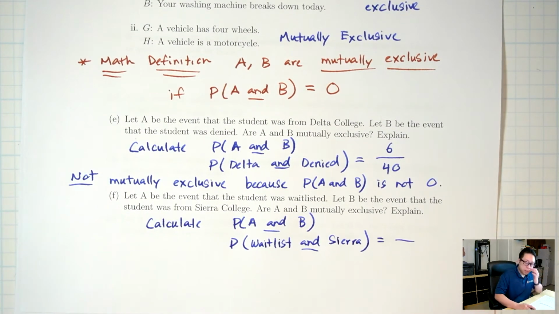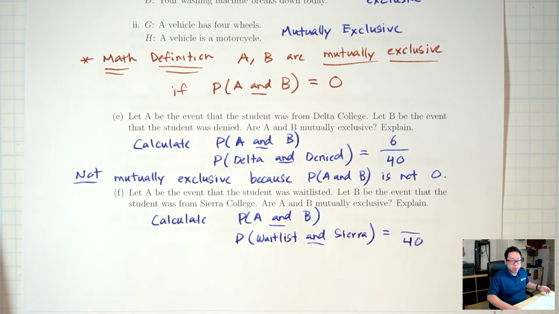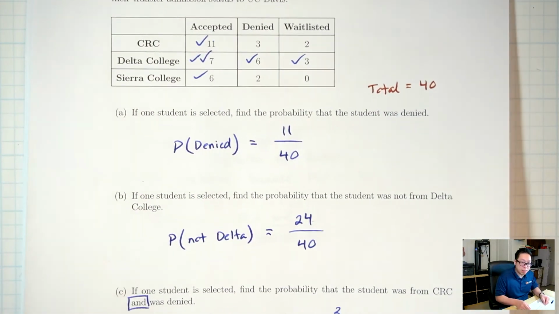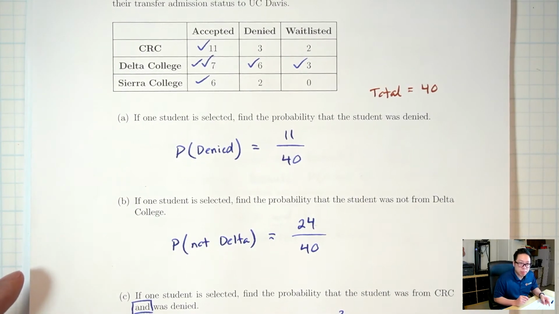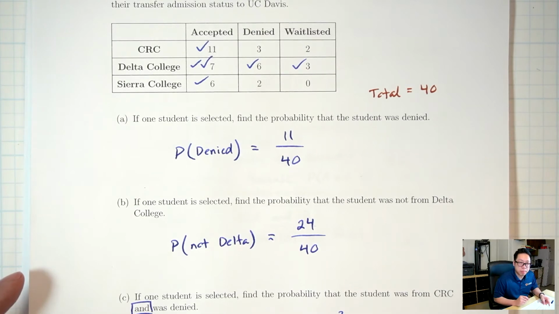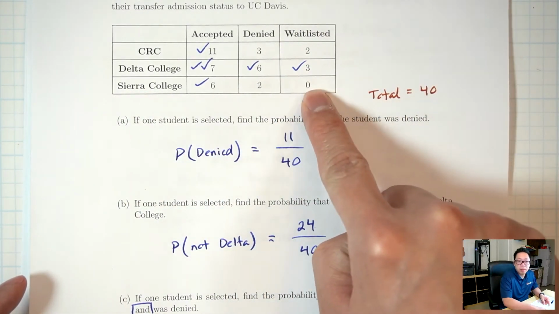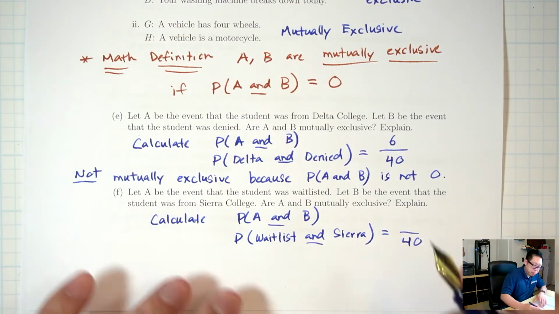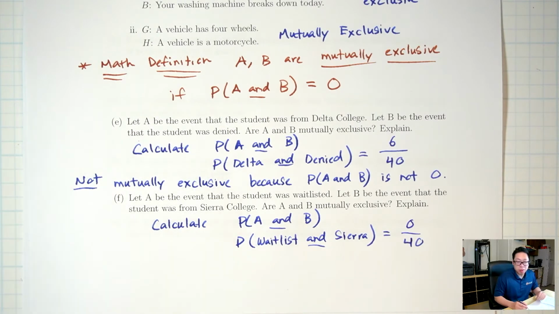The bottom is going to be everybody, which is 40. And the top, how many students are waitlisted and at the same time Sierra. The word and should be just a single number. So waitlist and Sierra is which box? Waitlist, Sierra is the 0. And then the question is, is this 0 or not?